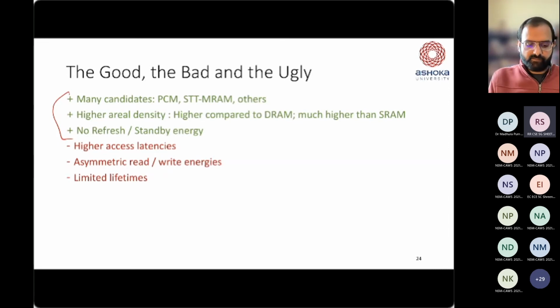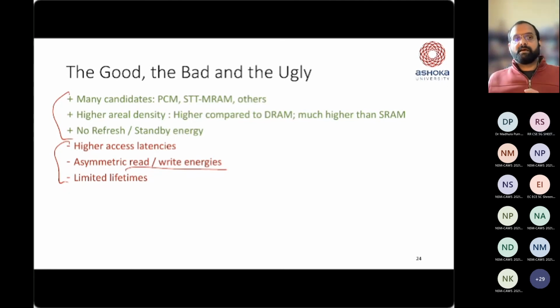But then again, there are negatives over here. Nothing comes for free. They have higher access latencies and asymmetric read and write energy, which essentially means that as opposed to DRAM, where both reads and writes cost essentially the same amount of energy as well as latency, in most of these technologies, because of the amount and duration of the electrical pulse that is required to change the state, for example in phase change memory, you will have asymmetric read and write energies as well as asymmetric read and write latencies.